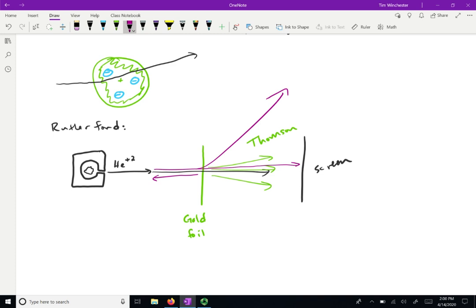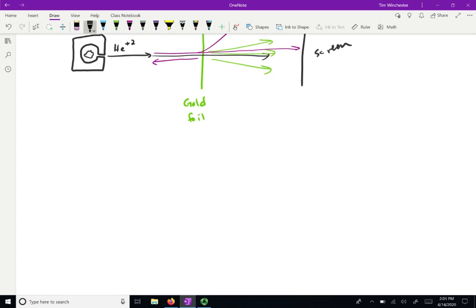Okay, so the explanation for Rutherford's observations is that the atom is not some big cloud of positive charge that has little electrons stuck in it, but rather there's a tiny hard nucleus, and that explains why some of the particles bounce straight back the way they came.